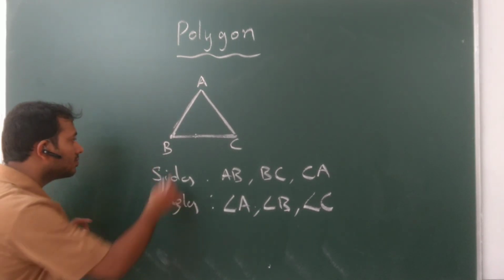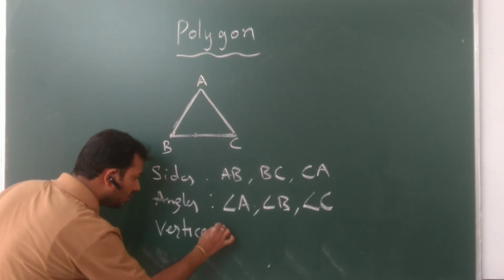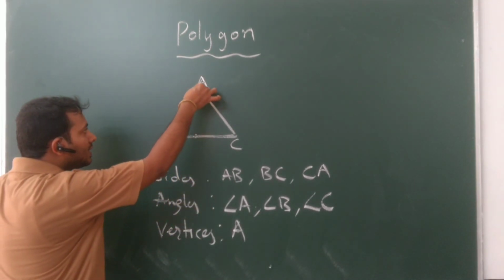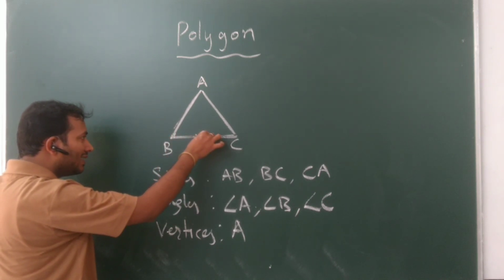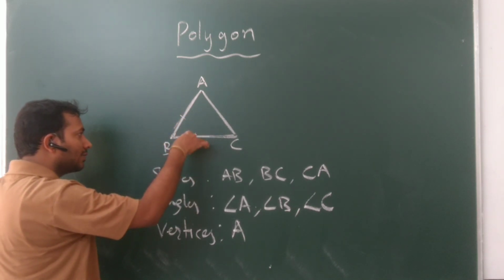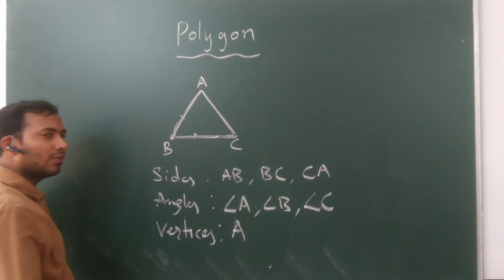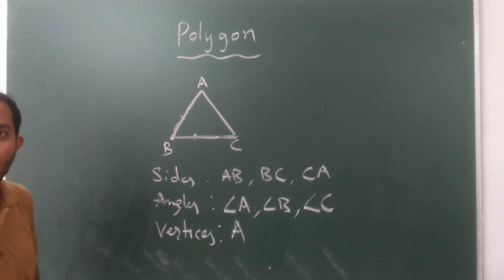After that, if you take this one, A is called a vertex. Vertices means you can see that two line segments meet at a common point, the common intersecting point of two line segments. This is one line segment and this is another line segment, and they are meeting at a common point, and that common point has a special name called vertex.